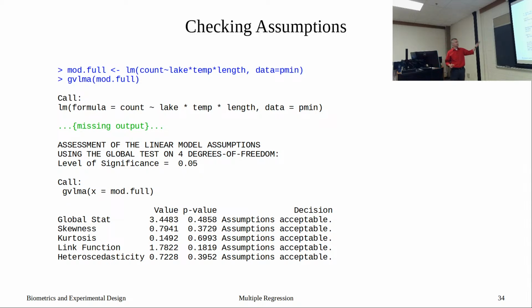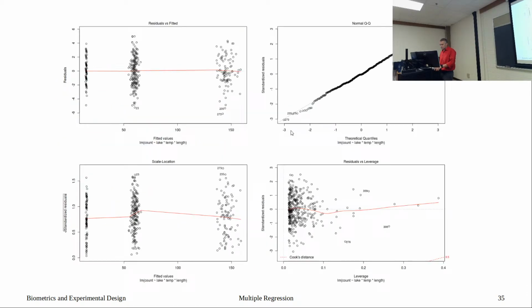Cool. All right, so with gvlma, all assumptions are acceptable. So we look at our global stat. The link function, that's your linearity assumption. Do we have a linear relationship? If we looked at a plot of our residuals, it looks kind of funny because we've got the groups, but for the most part, the same thing applies.